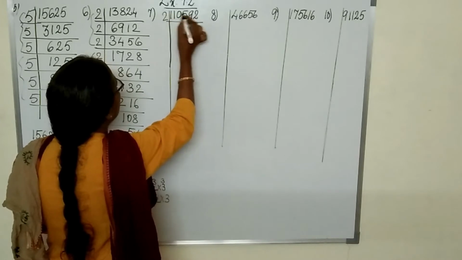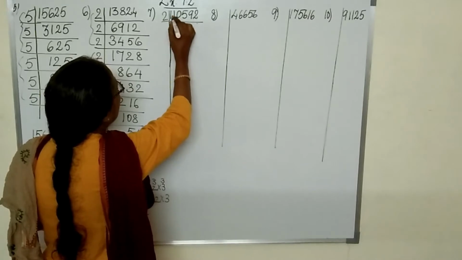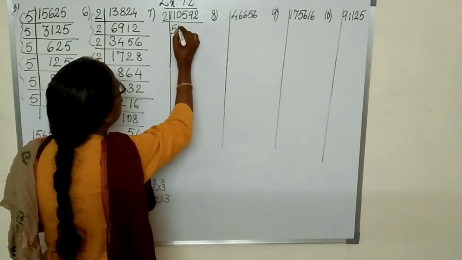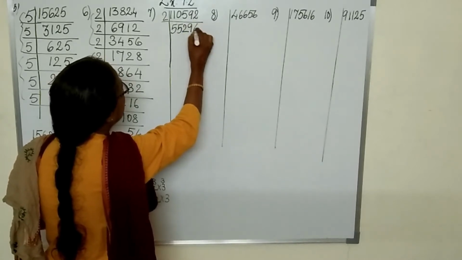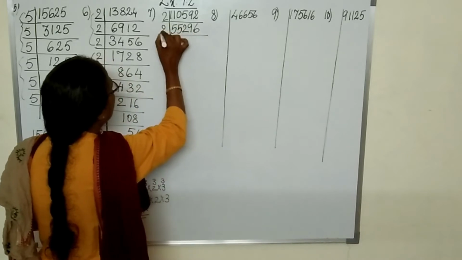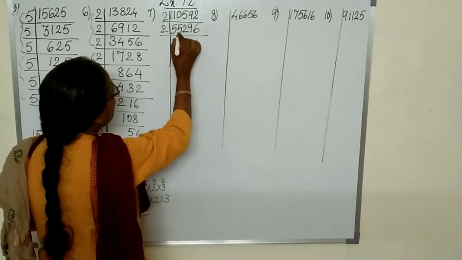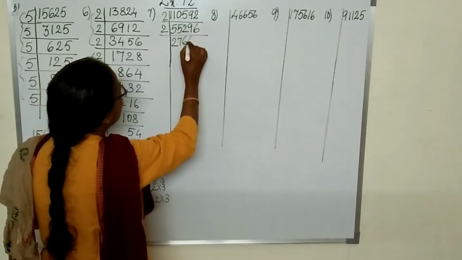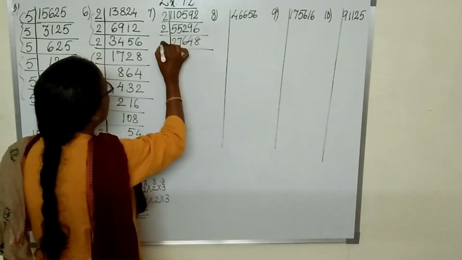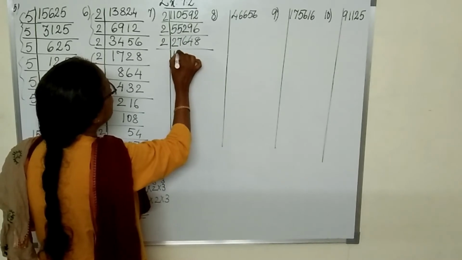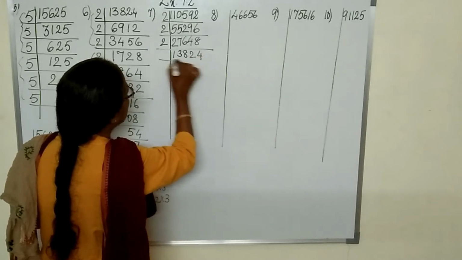The next sum is this. Let us divide it by 2 because it is ending with 2. So you can divide. 5 2s are 10. Again 5 2s are 10. 2 2s are 4. 9 2s are 18. And 6 2s are 12. Again by 2. 2 2s are 4. 7 2s are 14. 6 2s are 12. 4 2s are 8. 8 2s are 16. Again by 2, 1, 3, 8, 2, 4.